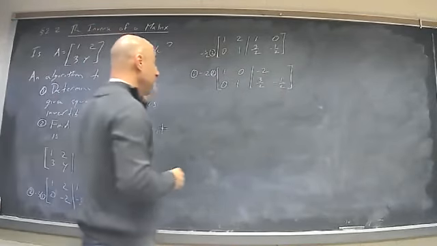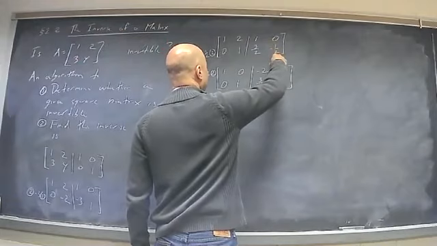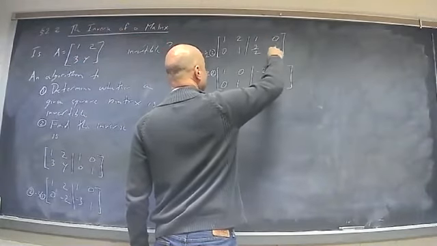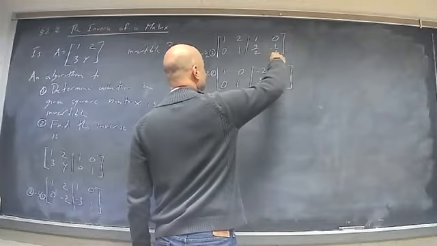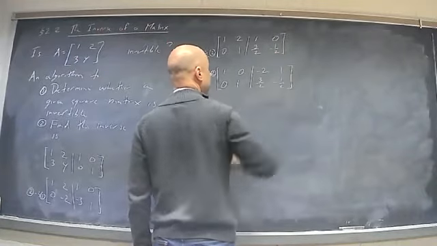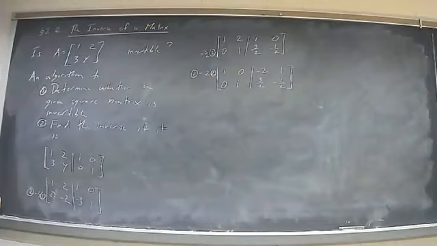And 0 minus 2 times negative 1/2 is 0 plus 1, so that's going to be 1. Assuming I didn't make any mistakes.